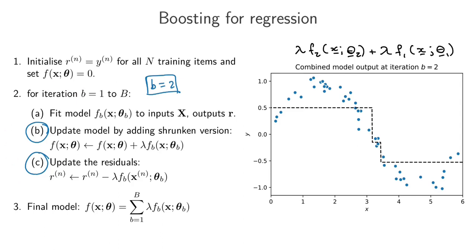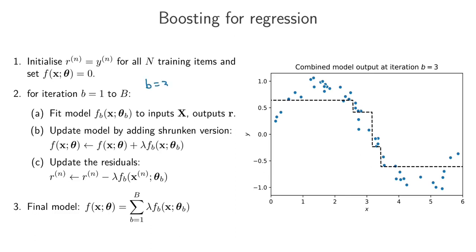So now I'm in B equal to 3. We again fit a model F3 to X with the residuals from the previous iteration. And then we add a scaled version of that model to our final model F. And this is the result that we're getting. Here we've got X and the variable Y, the variable I'm interested in predicting.